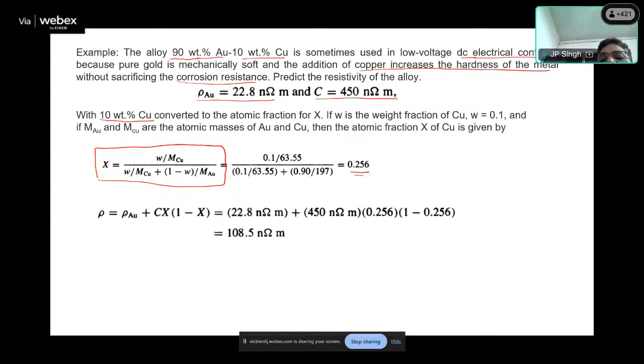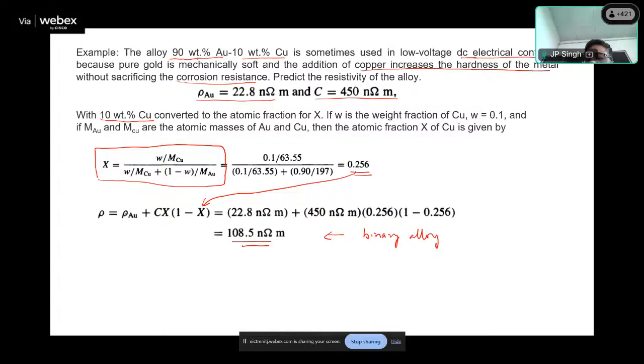If we do that, we get an atomic fraction of 0.256. If I input this value here, we get the resistivity for the binary alloy of 90% gold and 10% copper.